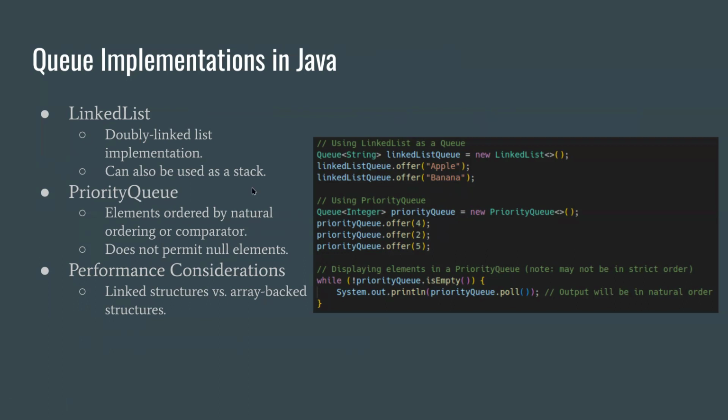Linked list, for instance, provides constant time for enqueuing and dequeuing operations, whereas priority queue may vary depending on the ordering, and we'll talk more about each implementation in a subsequent lecture.